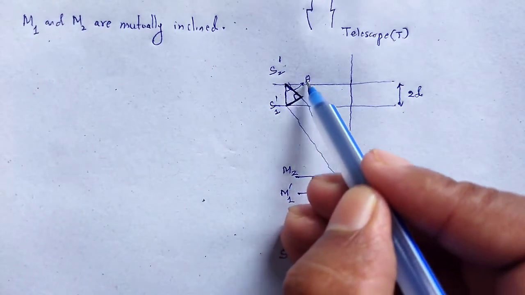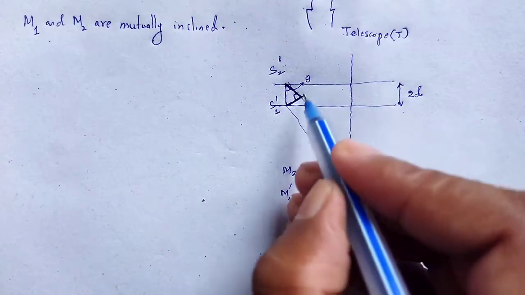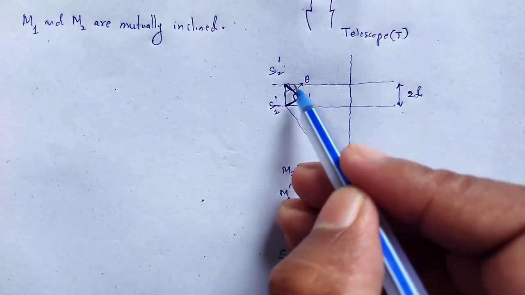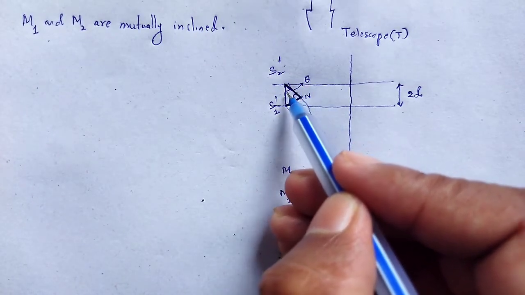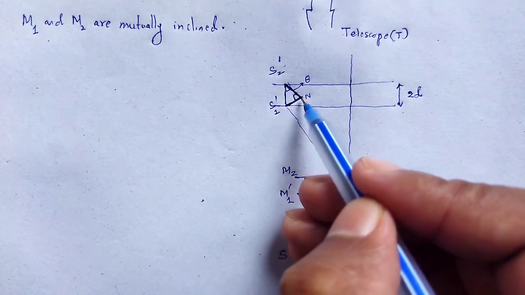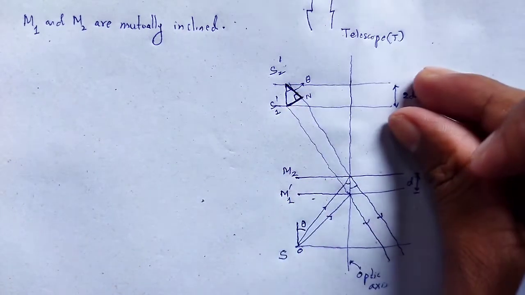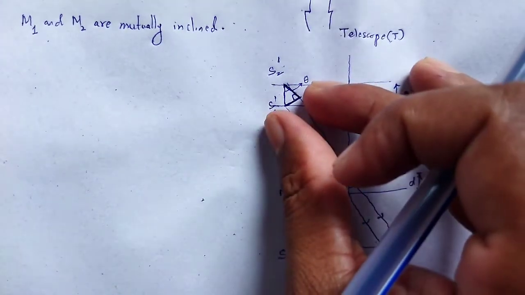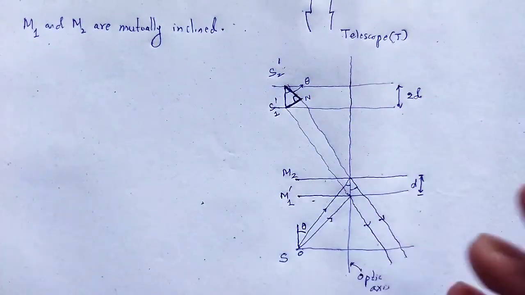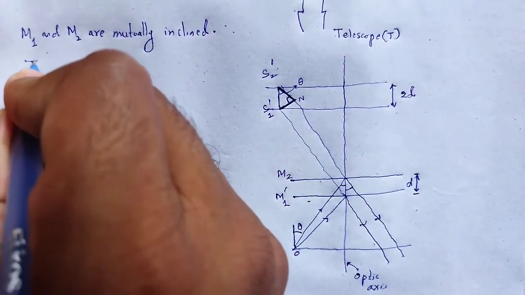Cos of theta is equal to cos of this angle, which is equal to S1n divided by S2 dash S1 dash, which is 2d. So path difference is equal to 2d cos theta. In that triangle we get the path difference.